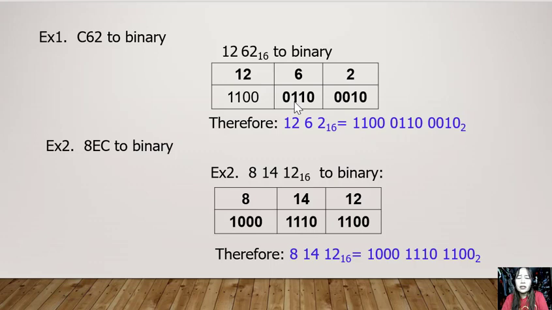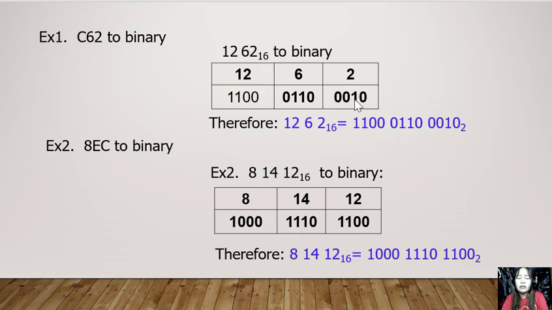So 8 plus 4 is 12. This one is 4 plus 2 is 6, so 0110. And then of course for the representation of your hexadecimal number 2, that should be 0010. So you only activate the digit that represents 2.